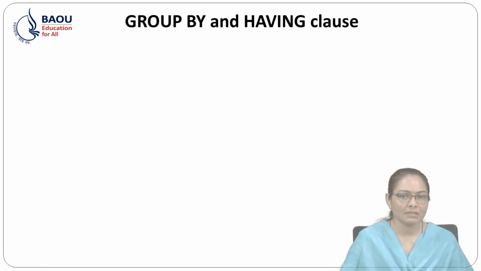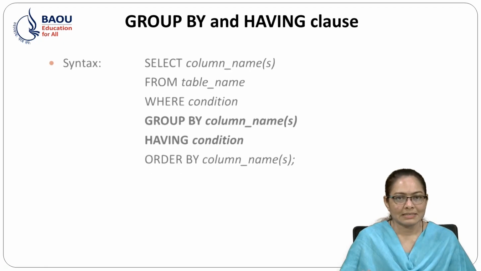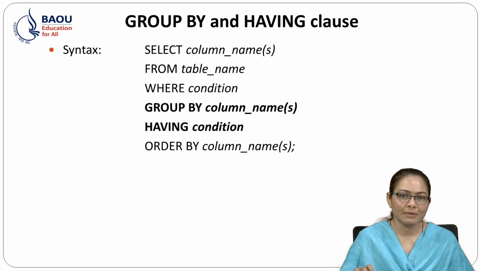See the syntax of the having clause. Select the column names from table names, then where condition, group by column names, having condition. The having clause is always used with a condition which applies on a group by clause.